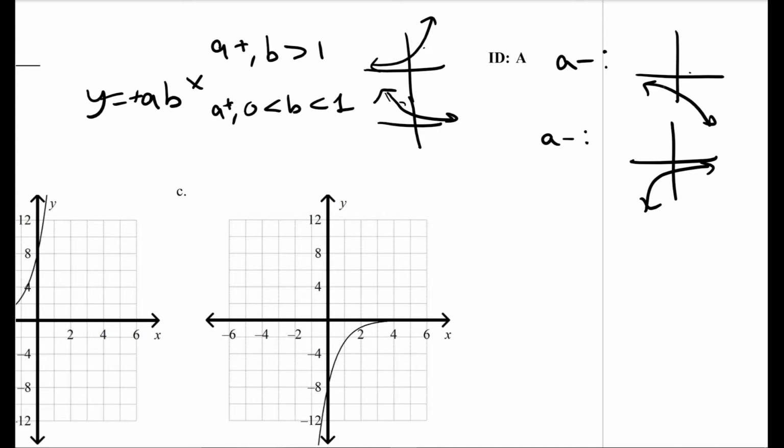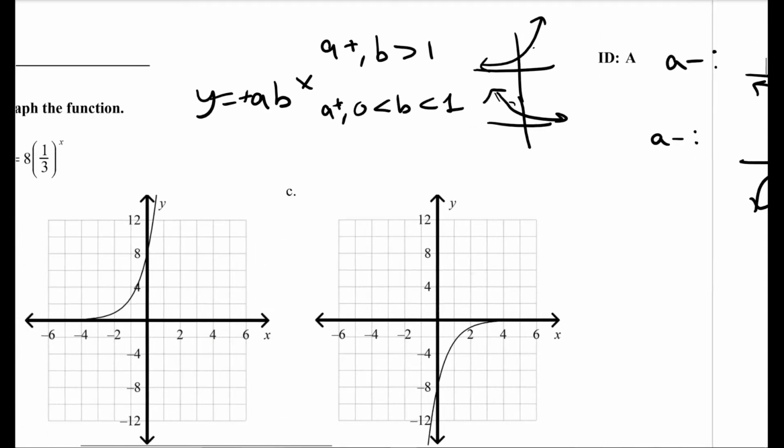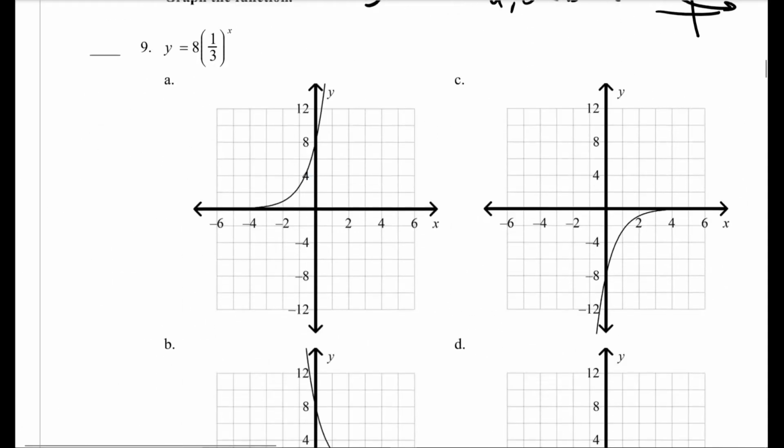So A is positive on the left side, A is negative on the right side, B is greater than 1 on the top row, B is less than 1 on the bottom row. So those are all your cases. If you know that, then you're basically good to go.